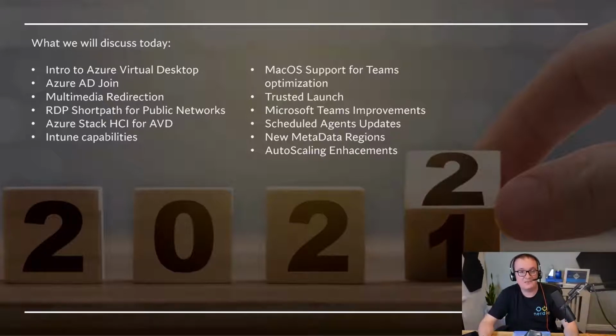The service continues to get better and better all the time, so I'm very excited to talk about the new features that really enhance the user experience and the reasons why you choose Azure Virtual Desktop. So let's get into it. We're going to talk about Azure AD Join, Multimedia Redirection, RDP Shortpath, Azure KCI, Trusted Launch, and Microsoft Teams. So it's a lot to discuss.